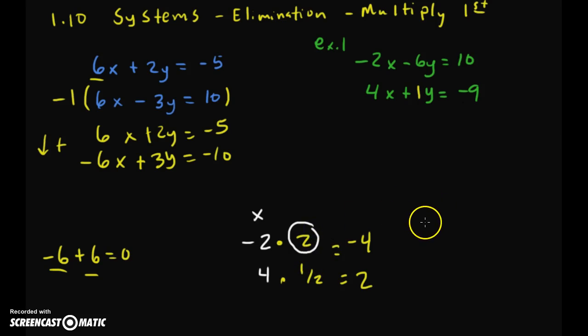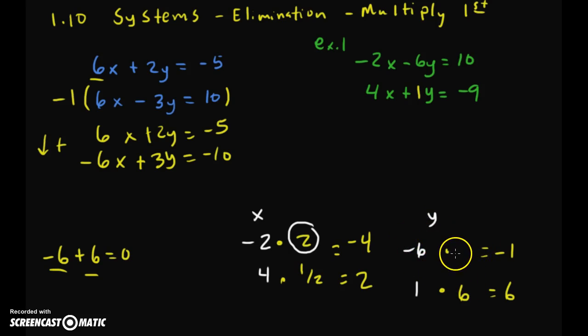What if you wanted to create the opposites in y? The numbers you have for y are -6 and +1, and the opposites of those numbers would be -1 and +6. Multiplying 1 is the easiest one. 1 times what would give you a +6? 1 times 6 would give you a +6. And multiplying -6 by what number?